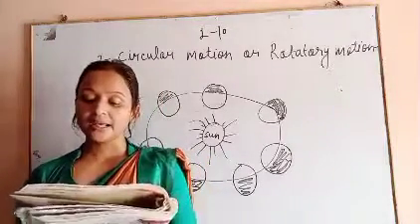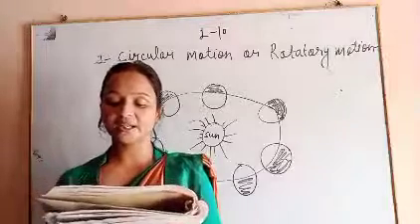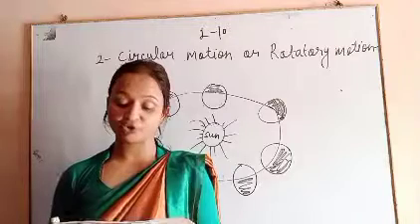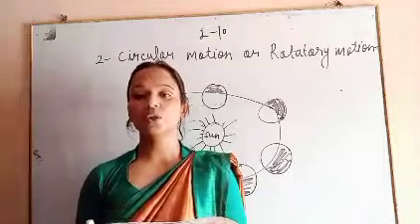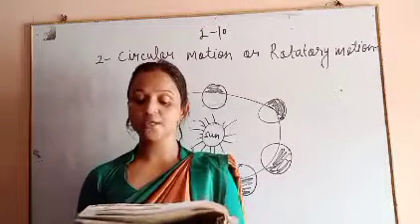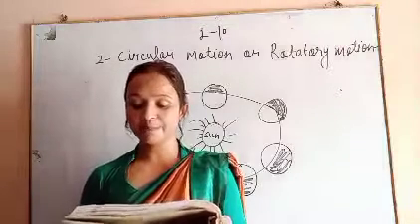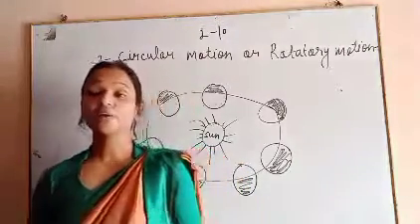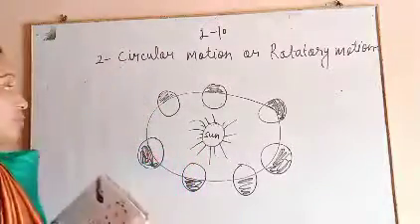Similarly, a ball delivered by a spin bowler describes the motion of translation as well as the motion of rotation. Other examples of this kind of motion are the wheels of a moving bicycle, scooter, car or train.